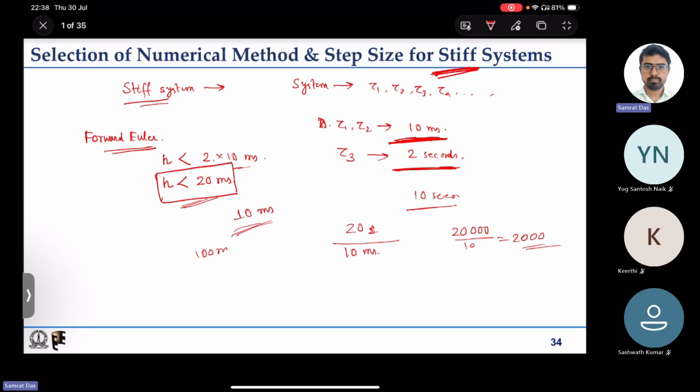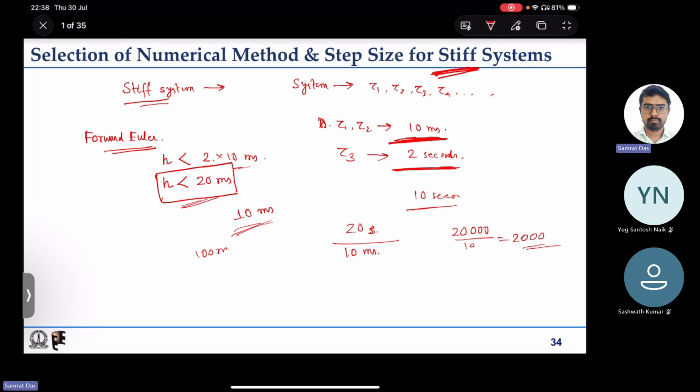But if you have a stiff system such as a motor drive system, where you have electrical dynamics and mechanical dynamics, one is slow, one is fast, in those cases it is better to go with the backward Euler method of integration, which is implicit in nature. So for one computation, forward Euler will be fast, and backward Euler will be slow.